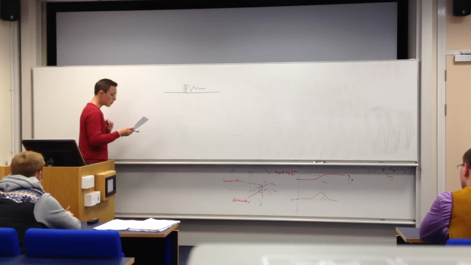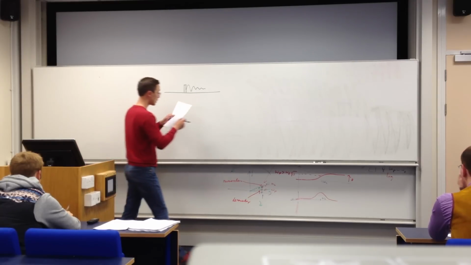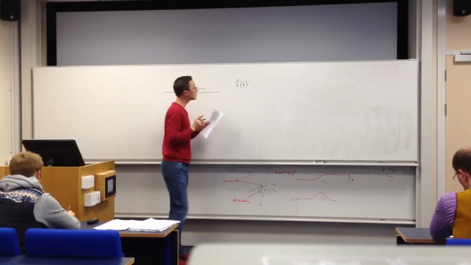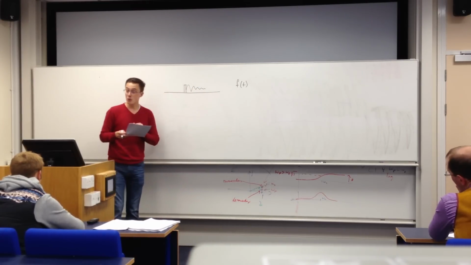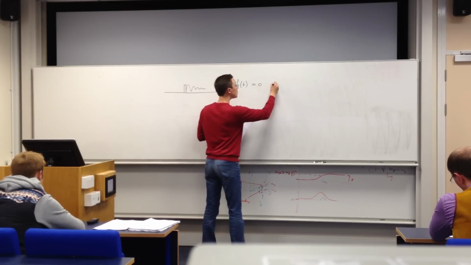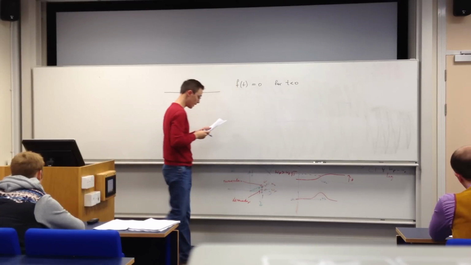What this means in practice is the response signal that we've got, f of t, to a perturbation that has arrived at time 0 must vanish for t less than 0. So f of t is 0 for t that is less than 0.